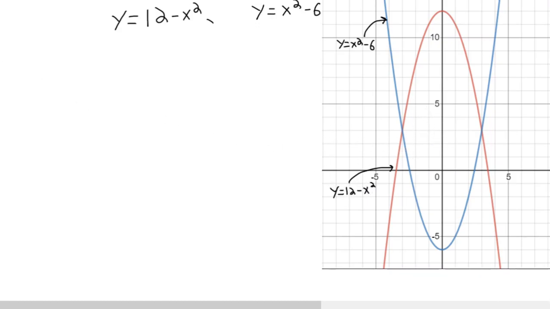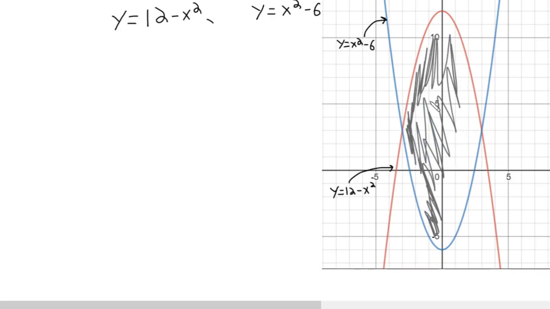So let's ask ourselves, what's the area we're after here? Well, the area we want is the area between these two curves, and that area is this right here. It's all of this. Another thing I should have mentioned earlier is that it doesn't matter if your graph dips below the x-axis or not.